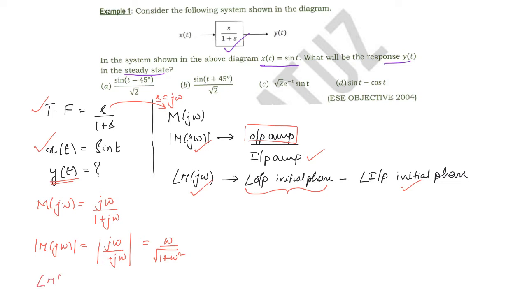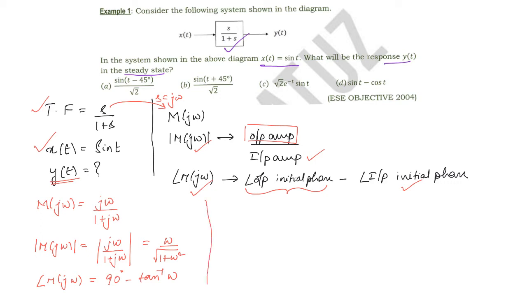And angle M of j omega will be equal to the angle of j omega, which is 90 degrees, minus the angle of 1 plus j omega, which is tan inverse omega, right? This is the information about the frequency response.